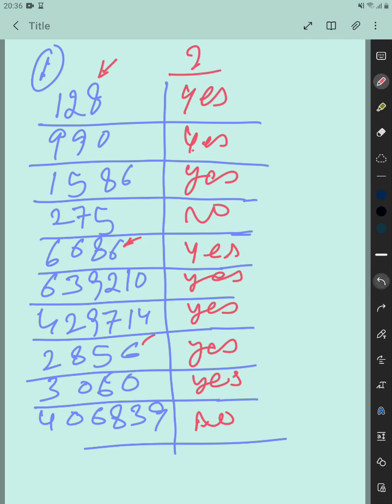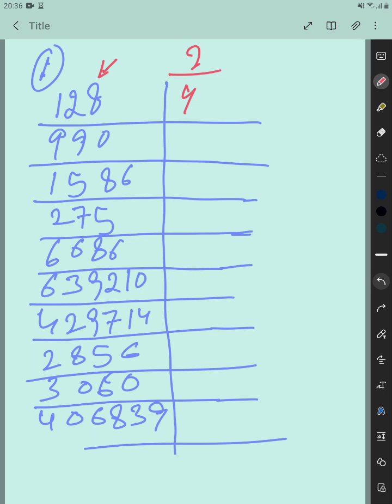Now we'll take 3. We are erasing this one, and we will start with 3. What is the divisibility rule for 3? The rule is that if the sum of the digits is a multiple of 3, then that number will be divisible by 3.